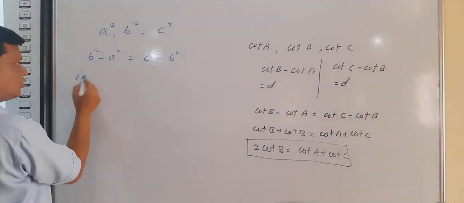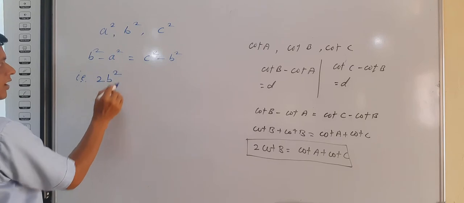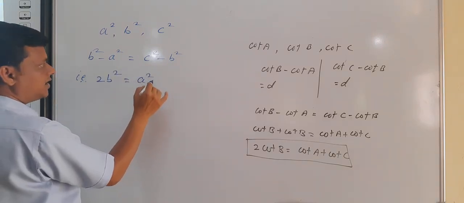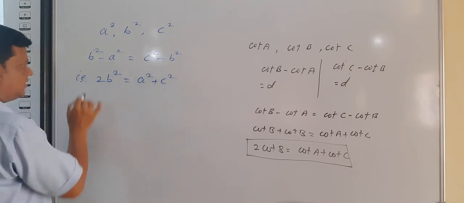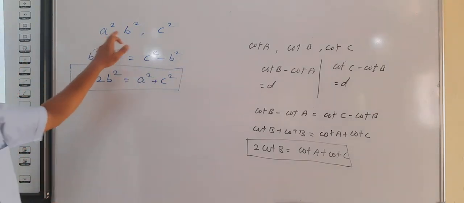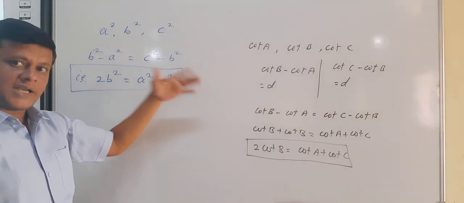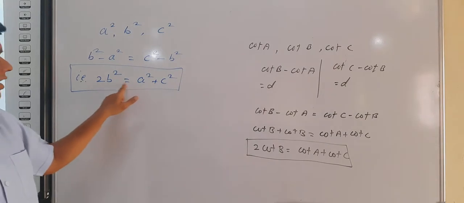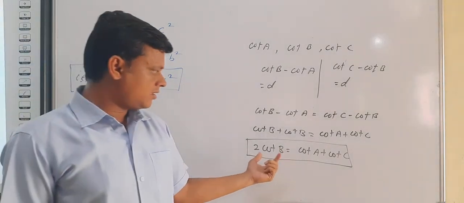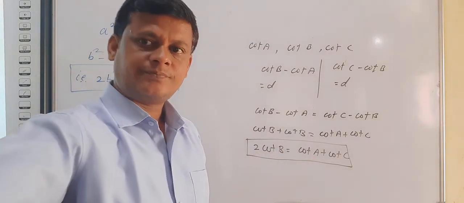That is to show, if we transfer this minus b square to the left hand side, we get 2b square equals a square plus c square. For that we have to use this 2 cot B equals cot A plus cot C.